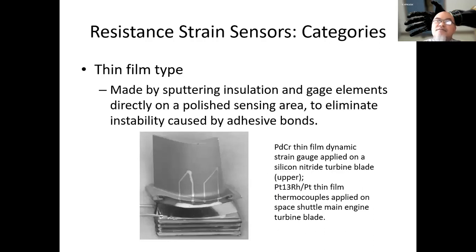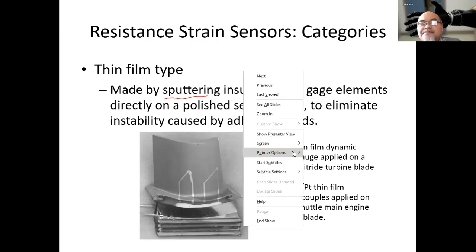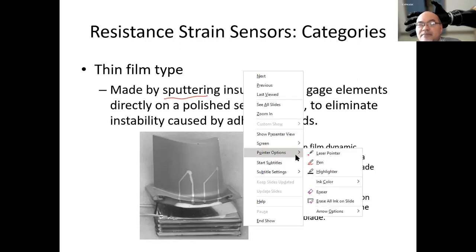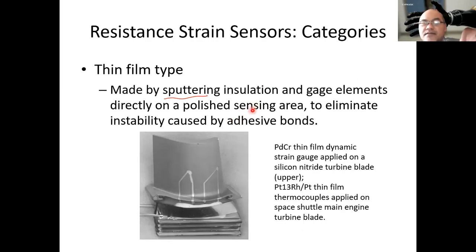Besides the form of metal alloy foil coated onto a polyimide or epoxy substrate, strain gauges or strain sensors could also be in the form of thin film, where the strain gauge material itself is coated using sputtering. Sputtering is through bombardment of the target material, the strain gauge material, which is then coated onto a certain substrate.